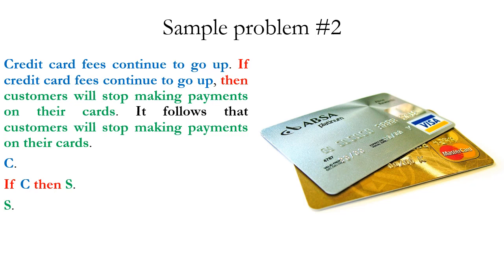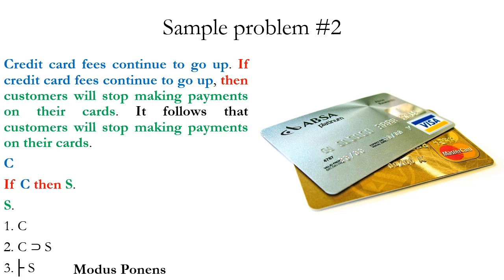So do you recognize the logical form of the argument? It may help to put it in symbols if you're still not sure. Now remember, the key thing here that may be tripping you up is that the order of the premises can be reversed. So what is the logical form of this argument? It's modus ponens.